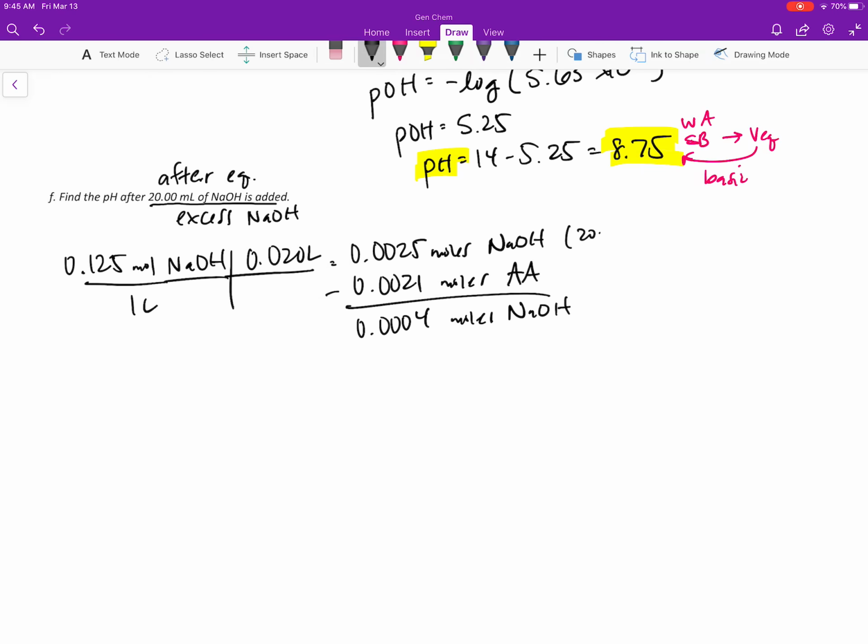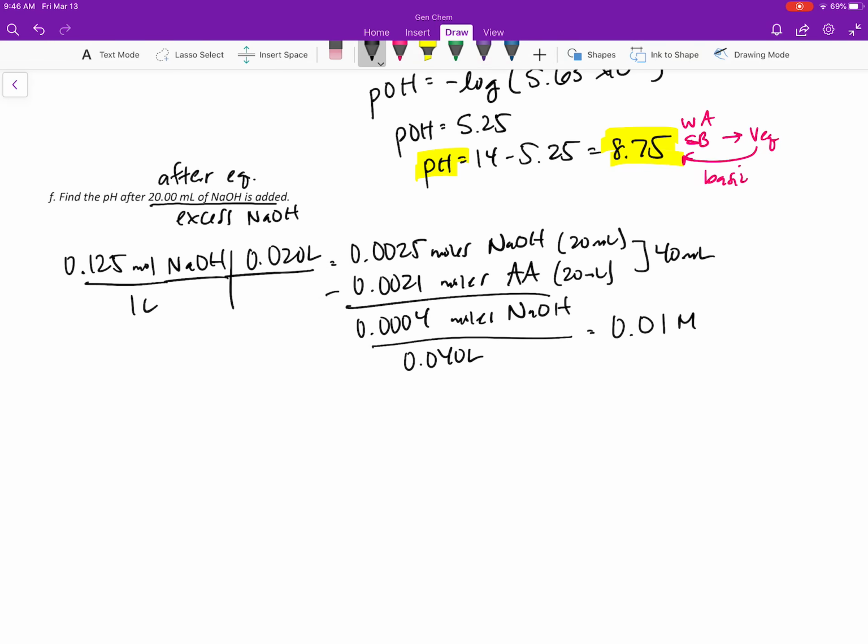I started with 20, got those backwards. I started with 20 milliliters. I've added 20 milliliters, which gives me a new volume of 40. So I'm going to divide that by the new volume, which gives me a molarity of 0.01 molar.